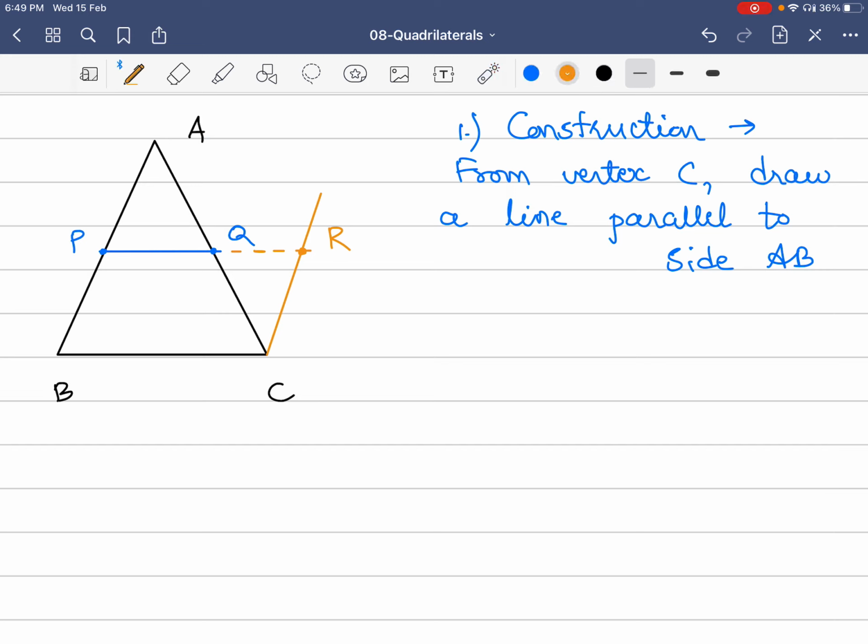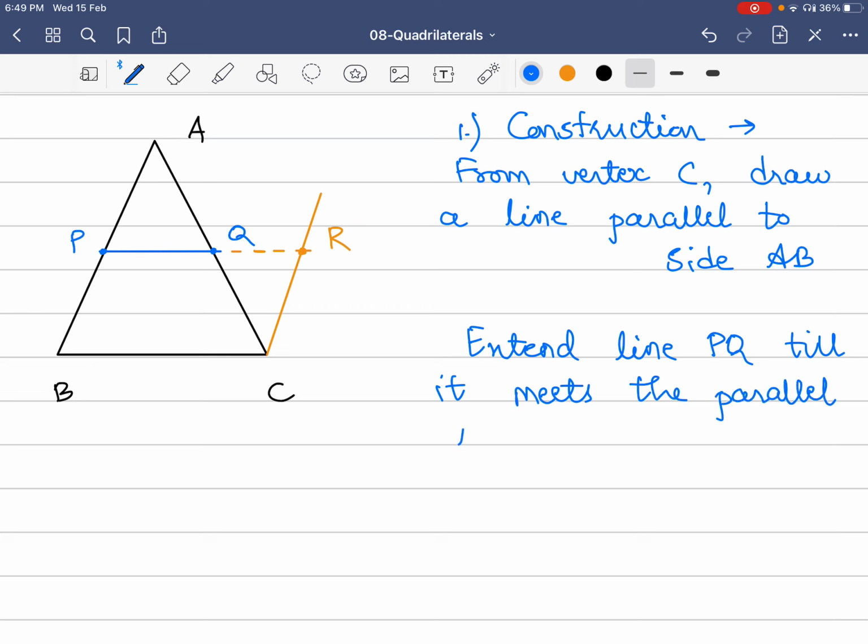We did that, and the second thing is extend line PQ till it meets the parallel line at point R. So this is the construction that we have done.